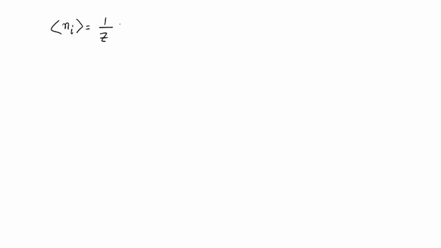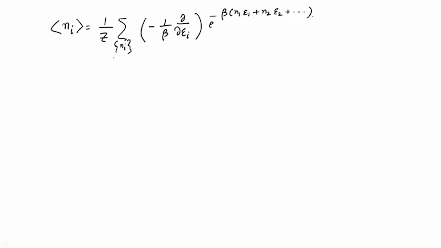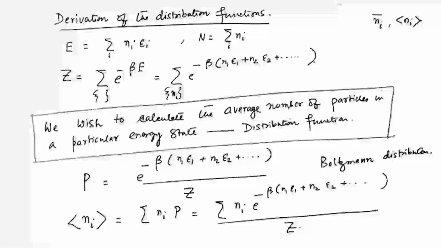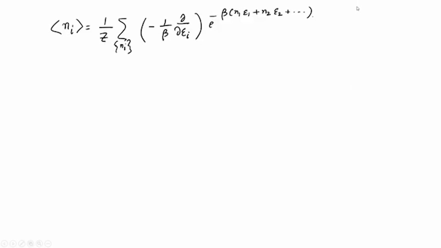It is 1 by Z, and then there is a sum over these Ni's, and there is a minus 1 by beta del by del epsilon I acting on the exponential of minus beta n1 epsilon 1 plus n2 epsilon 2 and so on, so that the Ni comes out, and that is the expression that you see in the last line of this slide. All right.